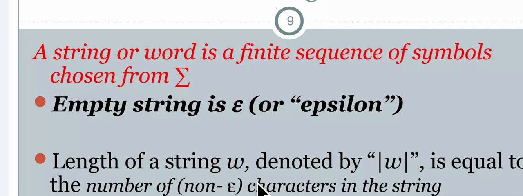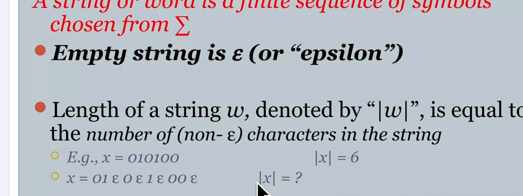The length of a string w, denoted |w|, is the number of characters or symbols in the string. For example, x equal to 0 1 0 1 0 1 has length 6. Epsilon is not counted, so its length is 0.